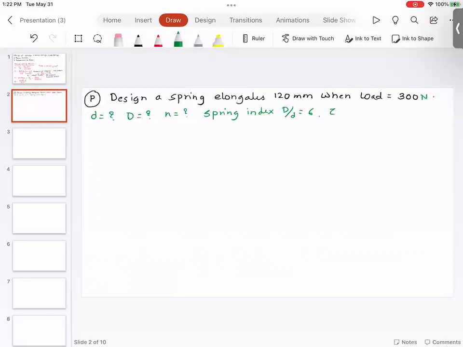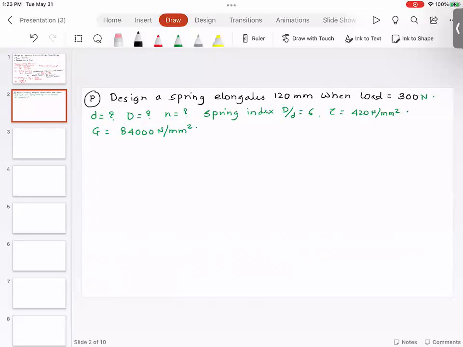Shear strength is 420 Newton per millimeter square. Shear modulus is 84,000 Newton per millimeter square.